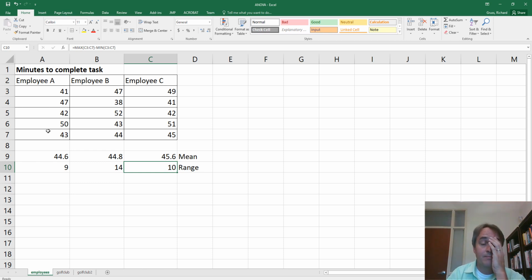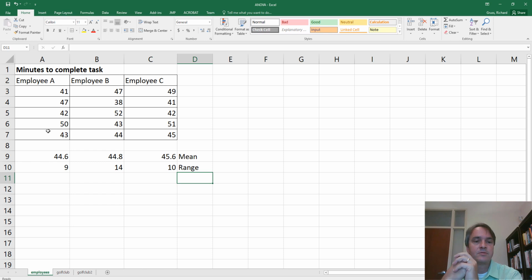Okay, so another measurement of dispersion that we talked about was the variance. If we're going to talk about the variability within each employee, we probably want to compare that to the amount of variability across all of the employees, right? So that's going to be variance.